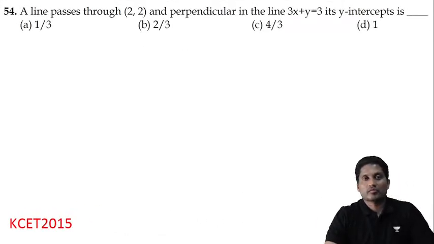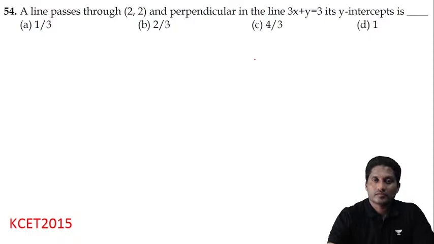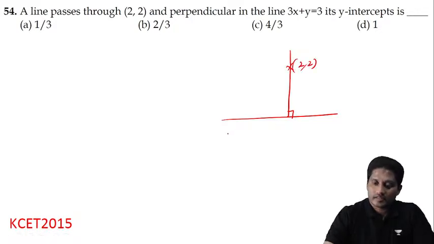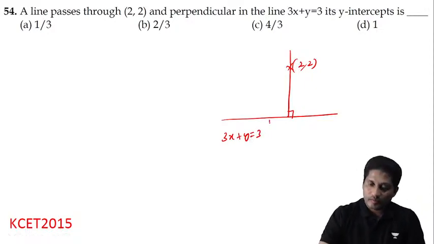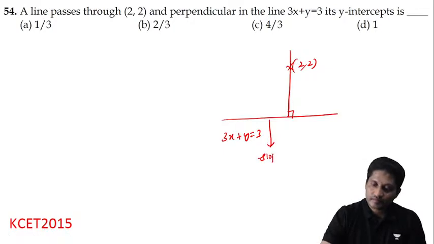A line passing through the point 2 comma 2, perpendicular to the line x plus y is equal to 3, has what y intercept? Slope of this line is minus a by b, equal to minus 1. So the slope of the perpendicular line is 1 by 3.